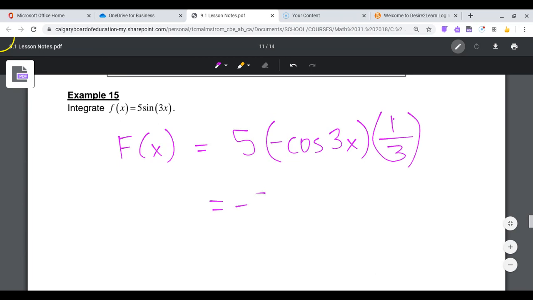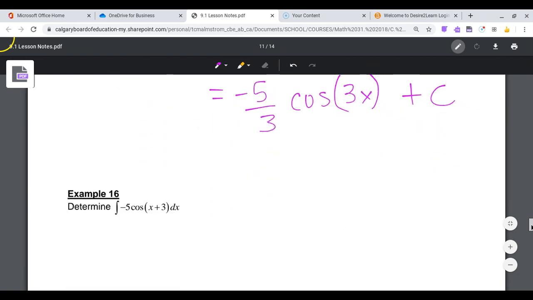And then this would tidy up to negative 5/3 cos 3x. And then don't forget your plus c on the end. Now we could have used let u equal 3x, but we have this little rule that allows us to bypass that. You'd get to the same conclusion if you did that.